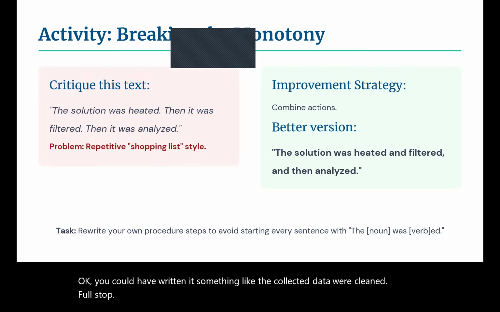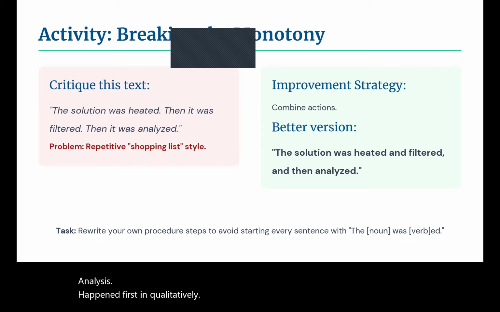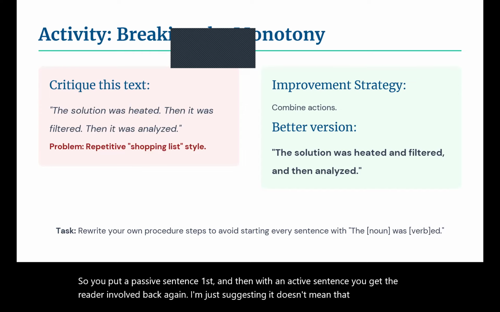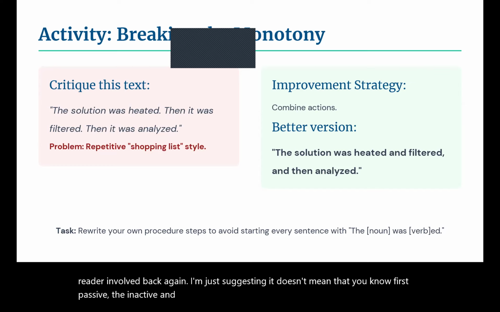Analysis happened first qualitatively and then in quantitative measures. See how nice it's going to be then. So you put a passive sentence first, and then with an active sentence, you get the reader involved again. I'm just suggesting it; it doesn't mean first passive, then active, and so on. Yeah, so that's a good way.